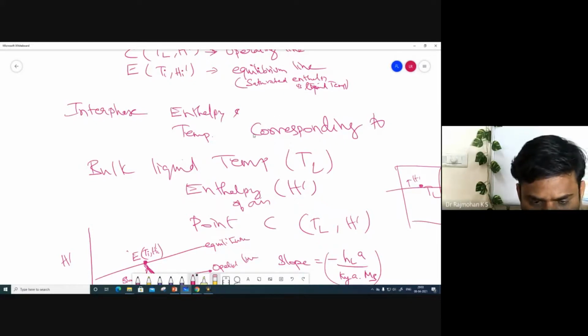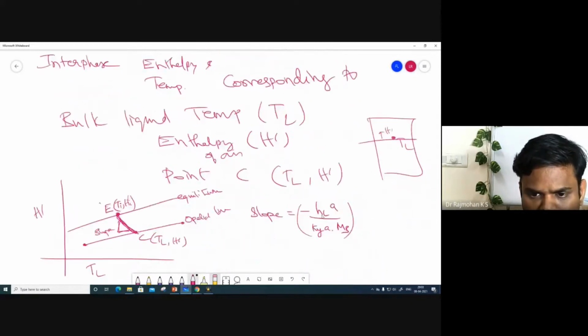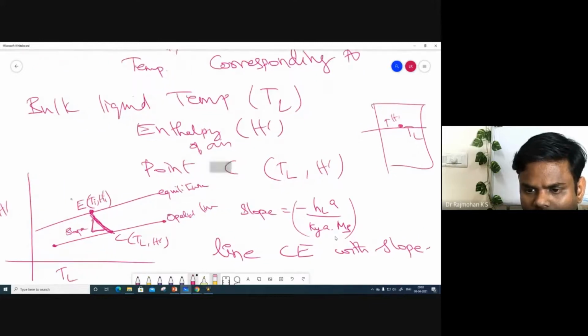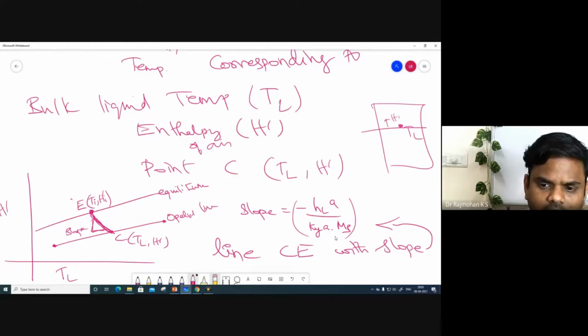This line with a slope of minus HLA by KYA, that is line CE, will give us the value of TI and HI dash. So that is one thing.